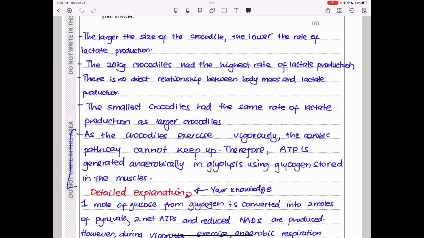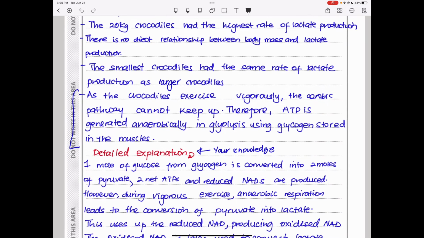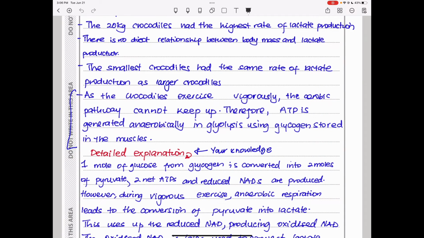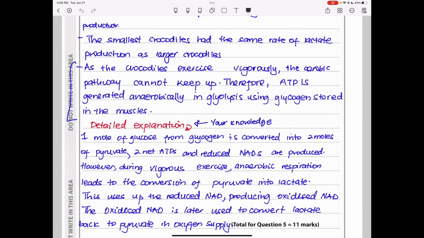And then as we go on, as the crocodiles exercise vigorously, or as the intensity of the exercise increases, the aerobic pathway will not be enough to keep up. It will not be generating enough ATP, so ATP will begin to be generated anaerobically in glycolysis. And when this occurs, the stored glycogen is going to be broken down in the muscles to produce glucose, which can be used in the production of ATP.